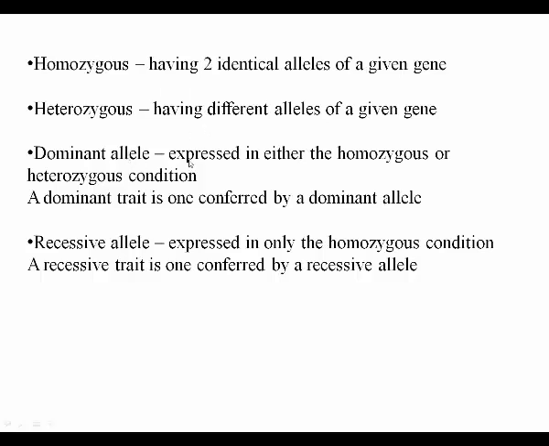The dominant allele is expressed in either the homozygous or the heterozygous condition, so if the dominant allele is present at all, it's the one that's expressed and seen. A dominant trait is one conferred by the dominant allele. A recessive allele is expressed in only the homozygous condition, so only when there are two identical recessive alleles. A recessive trait would be one that's determined by the recessive allele.